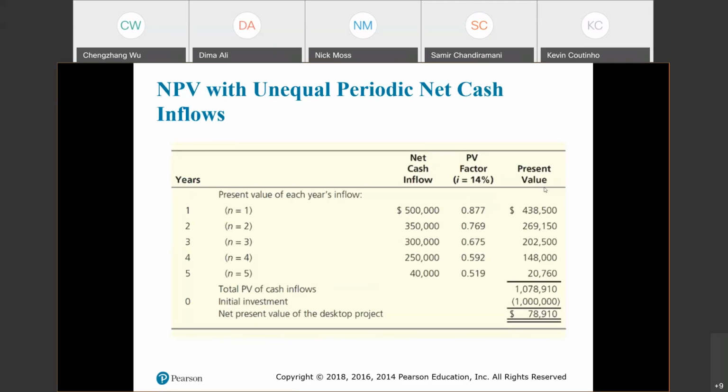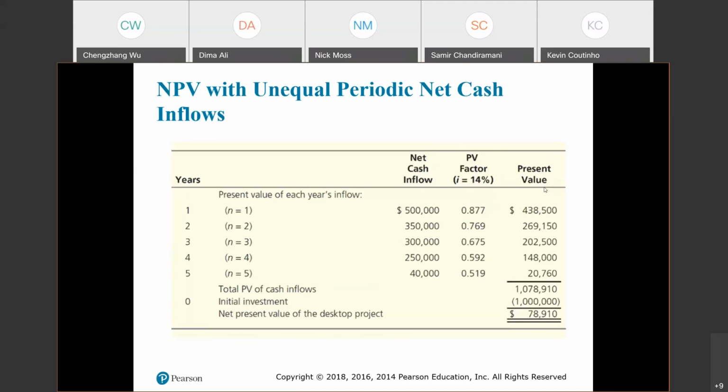Because the company expects to have higher sales volume in the early years of the project than in later years. Because these amounts vary by year, the company manager cannot use the annuity table to compute the present value of the desktop. Instead, they must compute the present value for each individual year's net cash inflow separately.